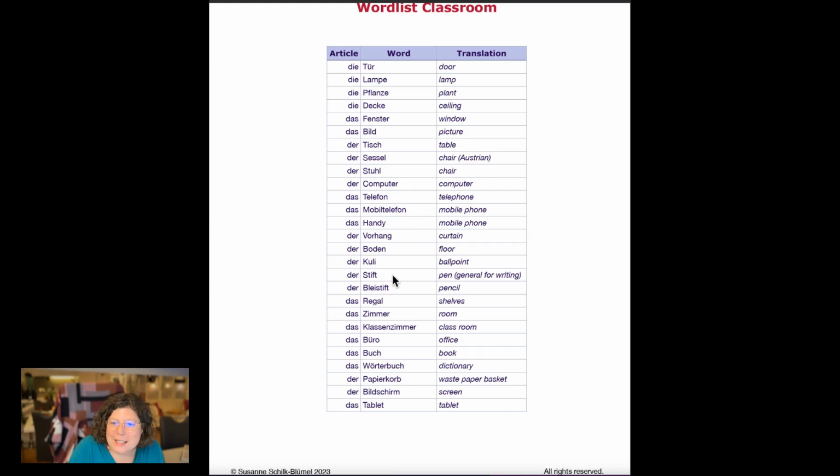So we come to the next step, and the next step is I'm going to say each of the German words, and I want you in the break after that to say the English word. So I'm going to say die Tür, and I want you to say door. You can just read the translation if you don't remember it. However, I want you to repeat that step until you can do it without actually reading all the translations.